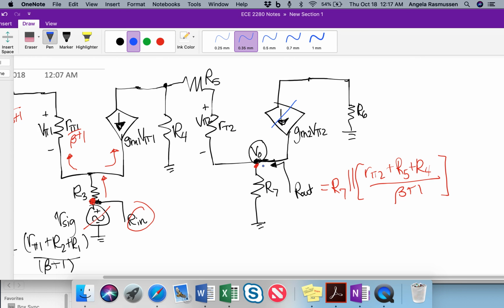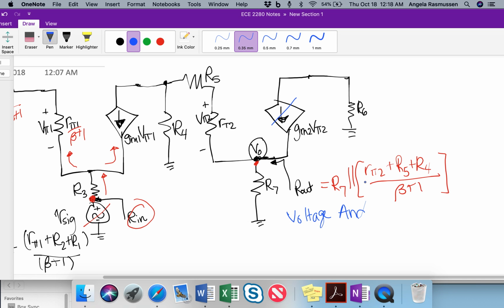And now when we're finding voltages, remember that for analyzing voltages, your location is going to be considered where your source is.